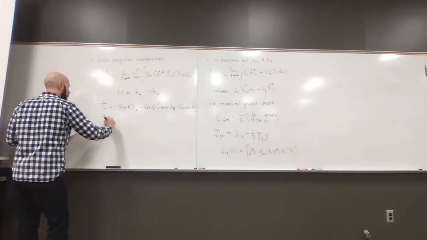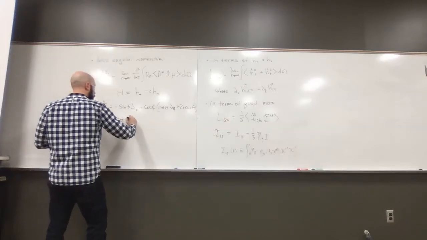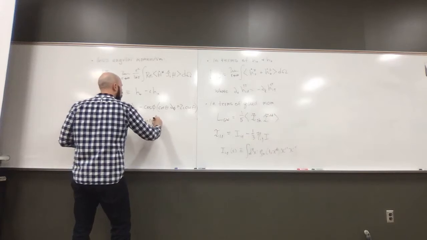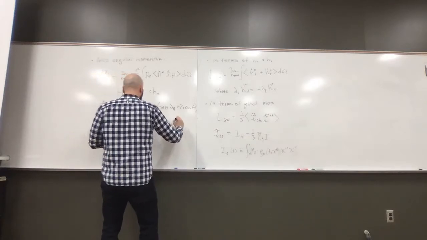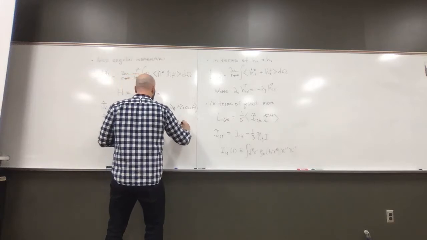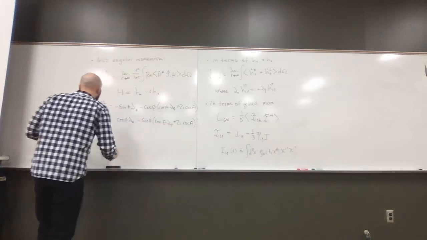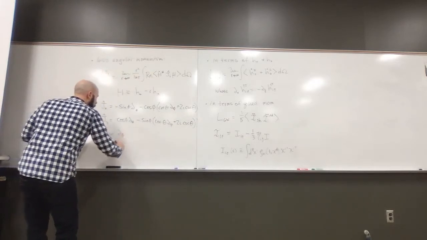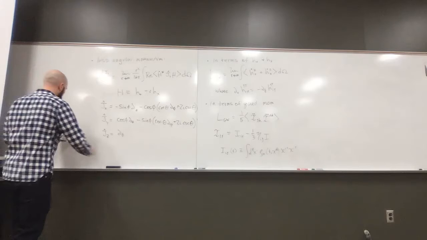J hat in the y is going to be equal to cosine of phi partial with respect to theta minus sine of phi all times the cotangent of theta partial with respect to phi plus 2i cosecant theta. And then the z direction is pretty easy. For this operator, it's just partial with respect to phi. So that's how you would go about computing this.